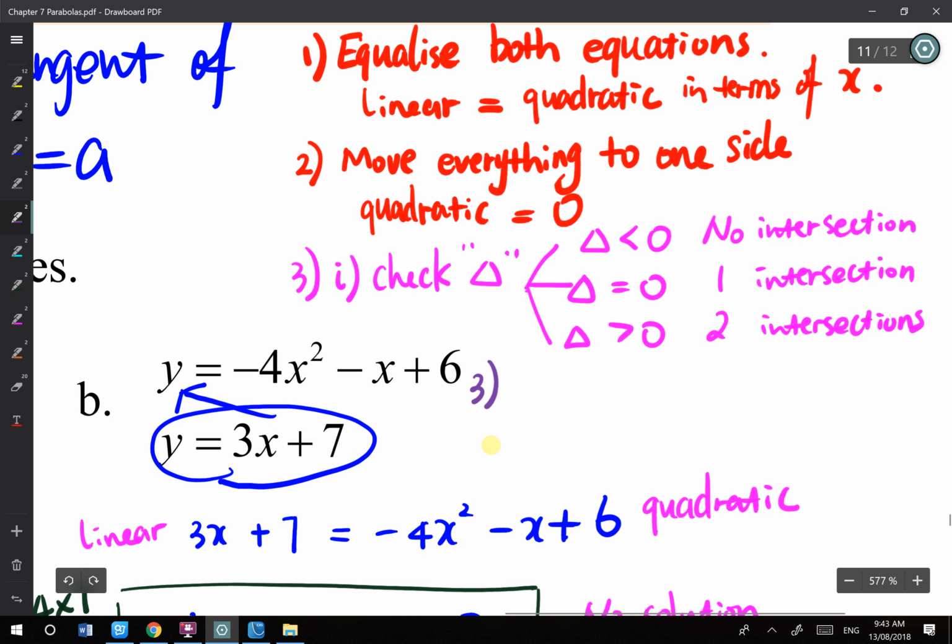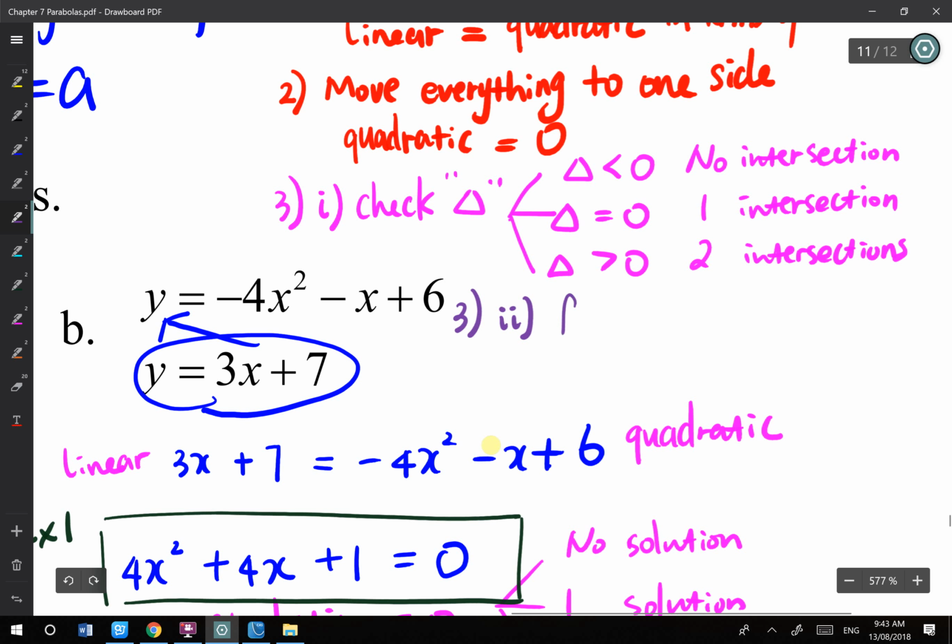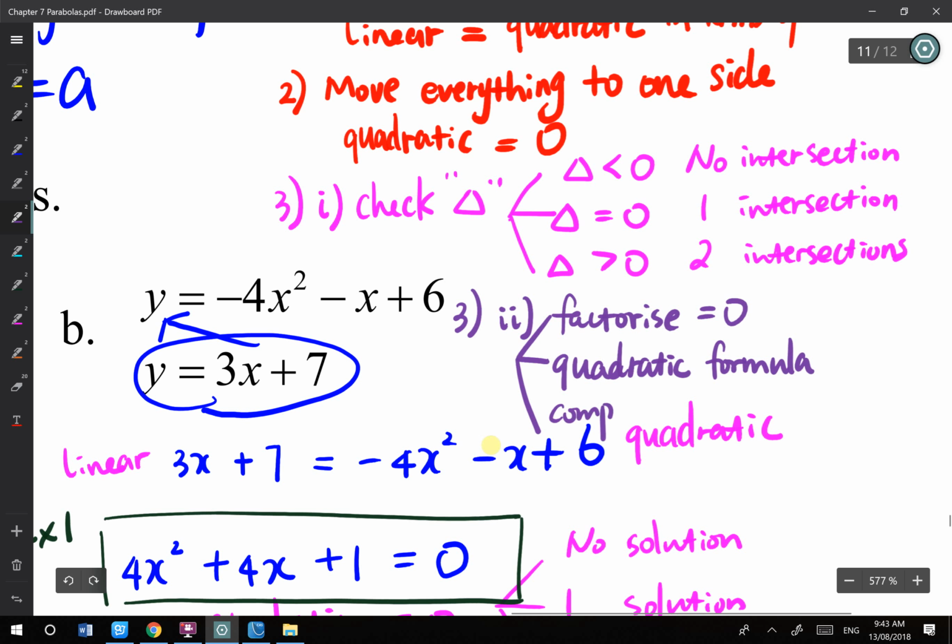But you can do 3ii: factorize and set equal to 0, or you can use the quadratic formula, or you can use completing the square.